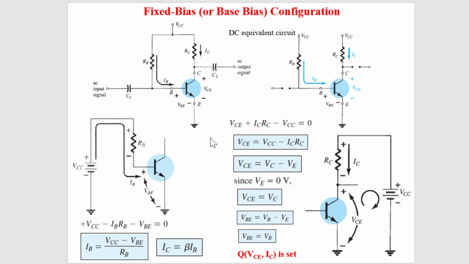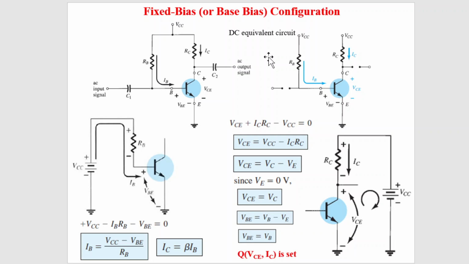You can determine each and every unknown DC parameter, before using a transistor as an amplifier, by applying Kirchhoff voltage law in the base-emitter loop and in the collector-emitter loop. Here we have only used one DC power supply, and such a configuration of connection is called a fixed bias or base bias configuration.